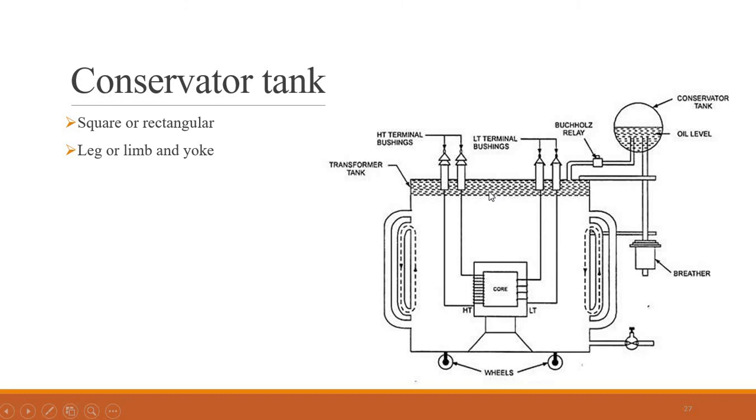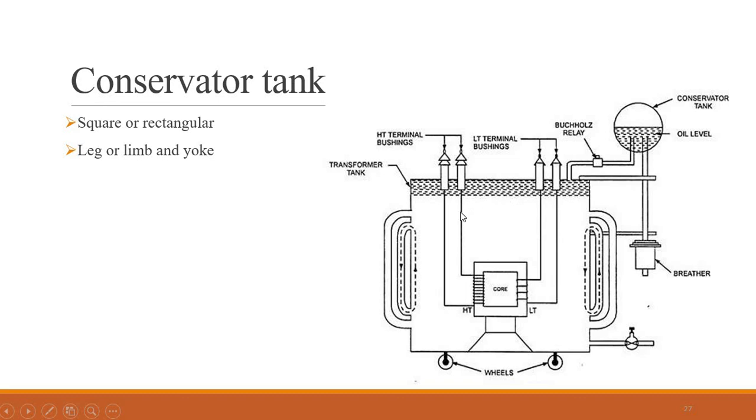Also, this oil will expand and contract. When the temperature increases in summer season, the oil will expand. So expanded oil will get transferred to this conservator tank. The conservator tank is always two-third filled, or half to two-third filled.